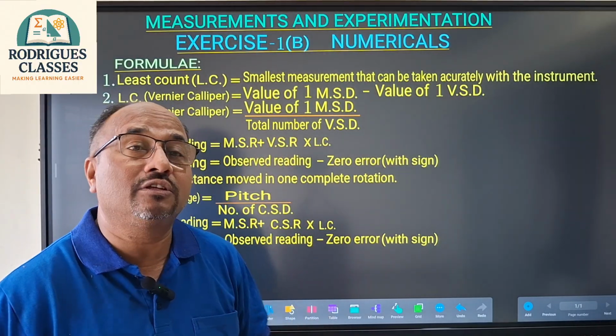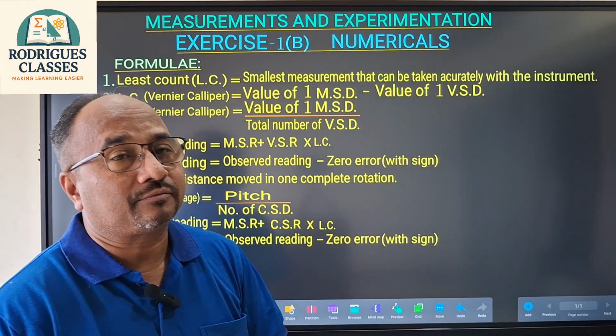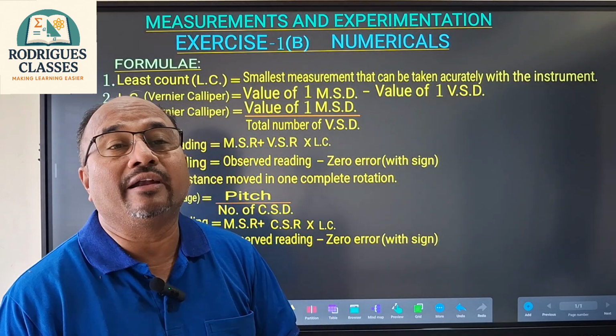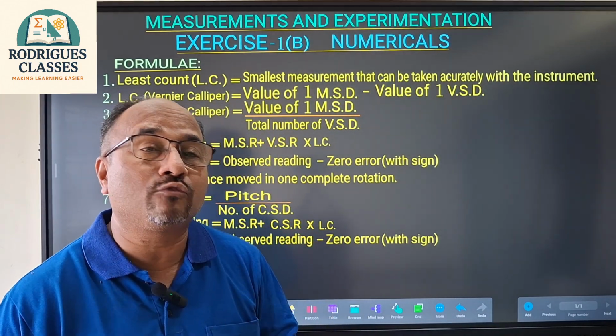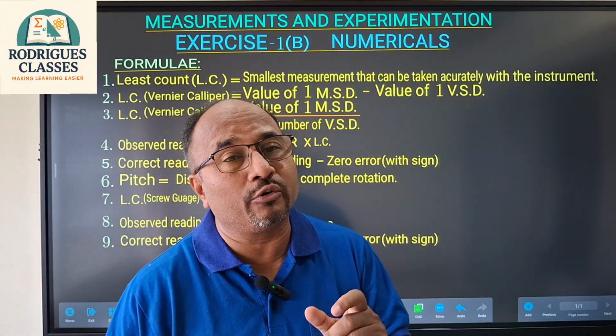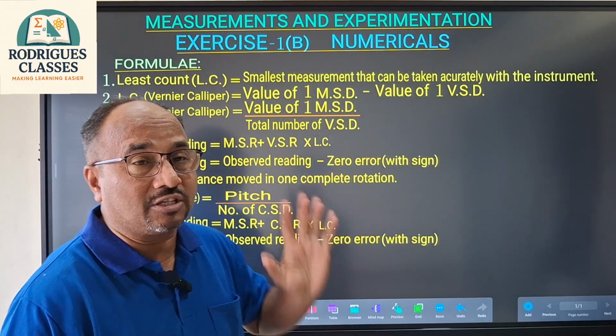So to get the value of the zero error, in case of positive zero error, the coinciding division has to be multiplied with the least count, and in case of negative zero error, you do the total number of divisions minus the coinciding part, and what you get is multiplied with the least count.